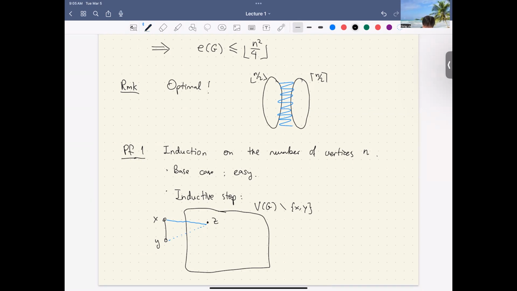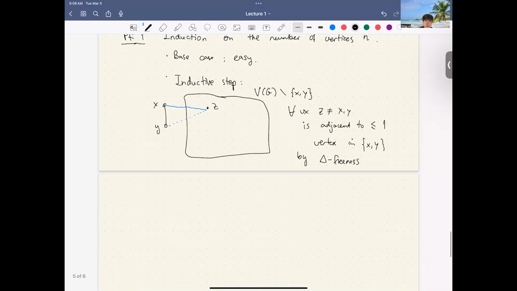So that means every vertex Z not equal to X and Y is adjacent to at most one vertex in XY by triangle-freeness. Okay, good.